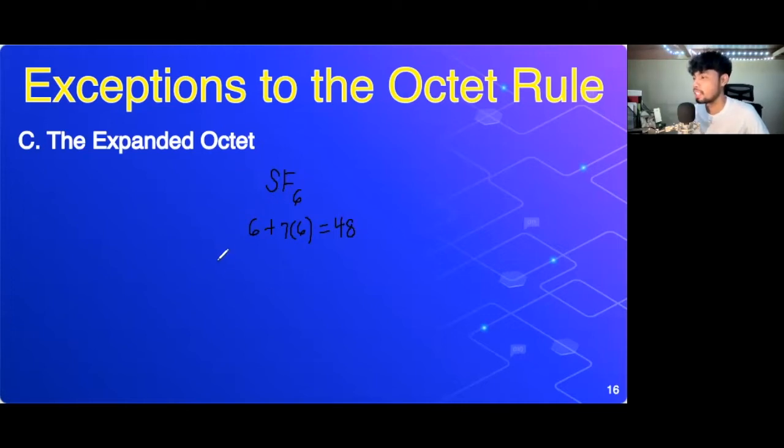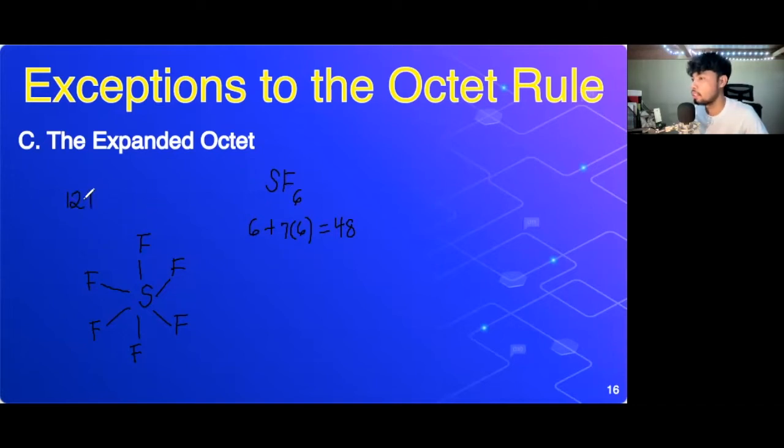Let us now draw the skeletal structure for sulfur hexafluoride, wherein sulfur is the central atom, surrounded by 6 fluorine atoms. So in this skeletal structure, we have 6 bond pairs for a total of 12 electrons.